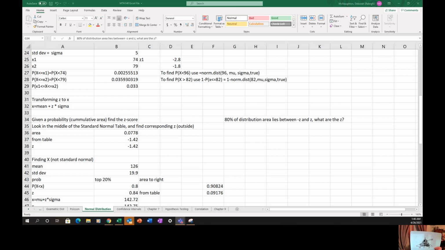So what that means is that if I take 1 minus that, I have 0.20 left, and that's how much is in these two tails, which means that this tail has 10% and this tail has 10%.